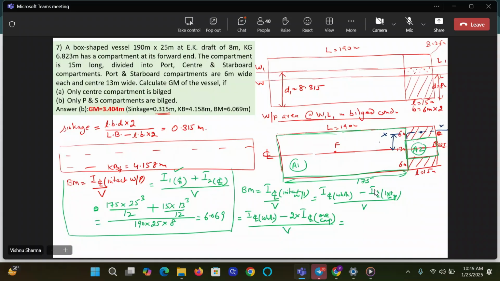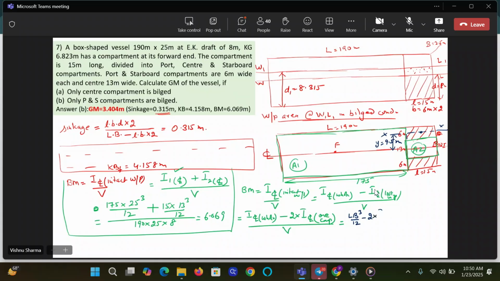D here, or you can say y is equal to 9.5. Why I'm not using D? Because D is the draft here. You can call it y or whatever. So now this will be equal to, if I write in the notational form, guys, ICL of the whole water plane will be LB cube by 12. That is not an issue.